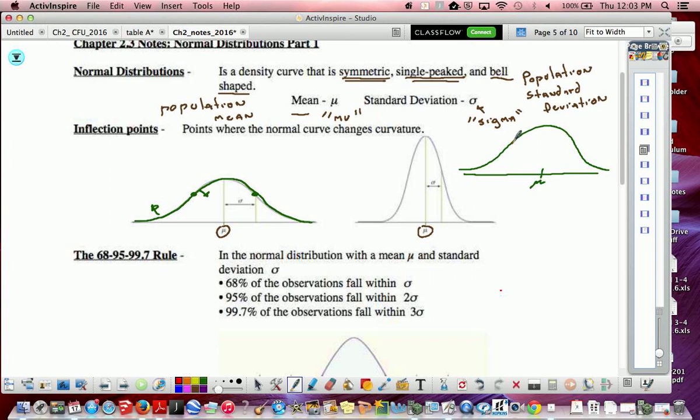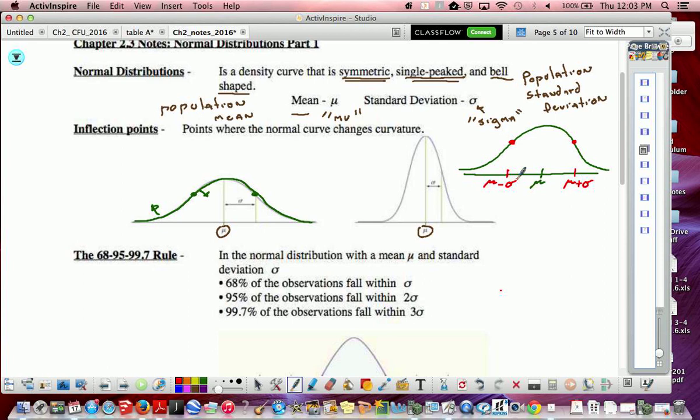Then I look at where I approximately change the curvature, curving up, curving down. That distance is one standard deviation. So the mean plus a standard deviation. Or, if I'm going to the left, the mean minus a standard deviation. So whatever those particular values are, I could actually write them on there.